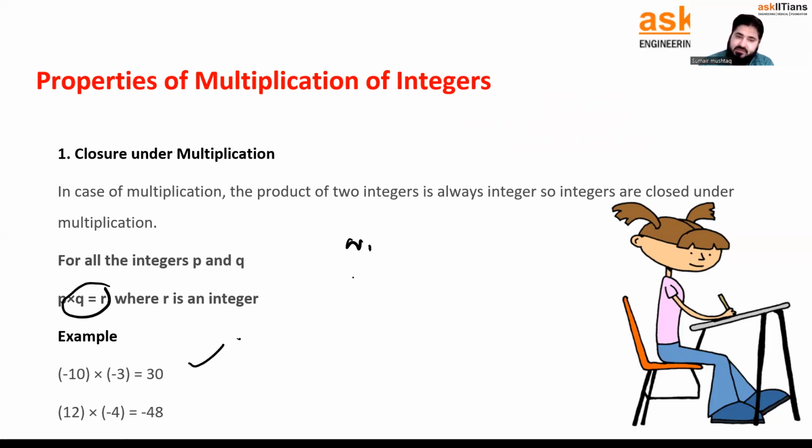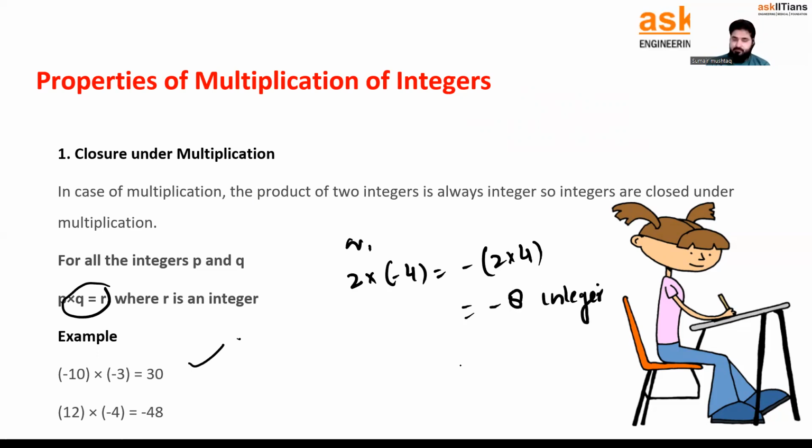Let us suppose 2 multiplied by -4. This is equal to -2 multiplied by 4. That is also given as -8, which is an integer. Got it? Is that thing clear? So the multiplication of two integers is again an integer. In both cases, it is an integer.